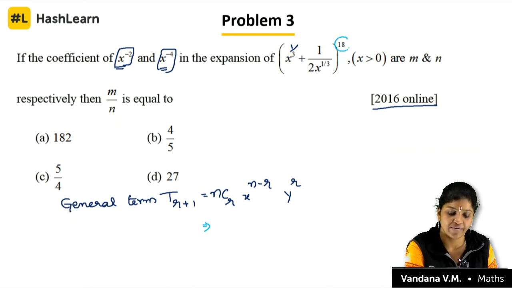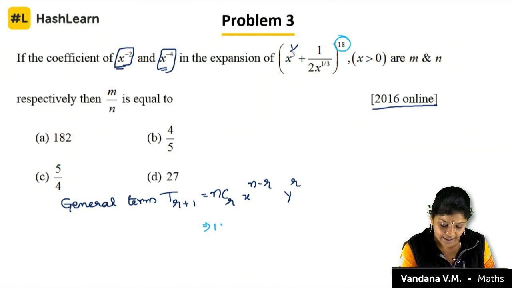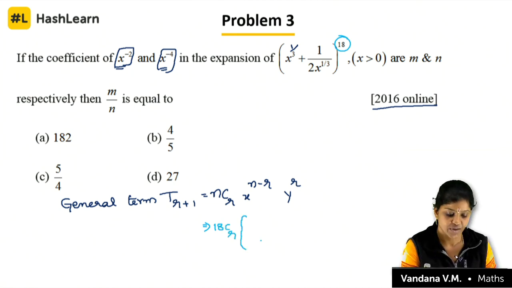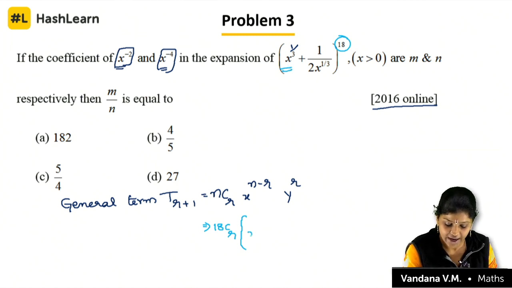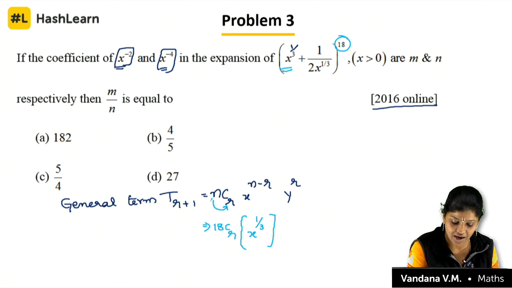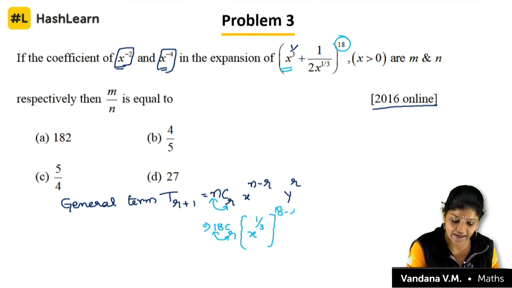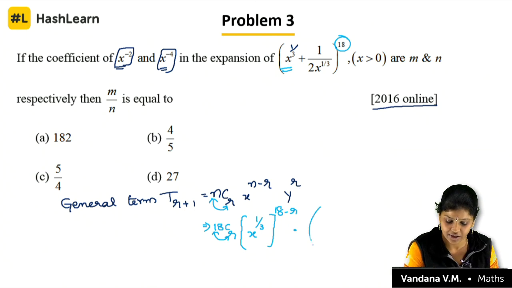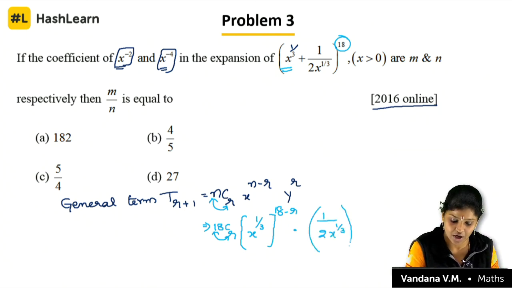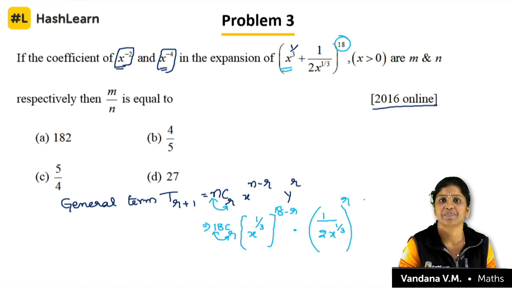N value, the power is n. So, 18CR, x means the first term. So, what is the first term over here? X power 1 by 3, n minus r. So, subtraction of this, that is 18 minus r. Y, that is 1 by 2 into x power 1 by 3 whole power r.